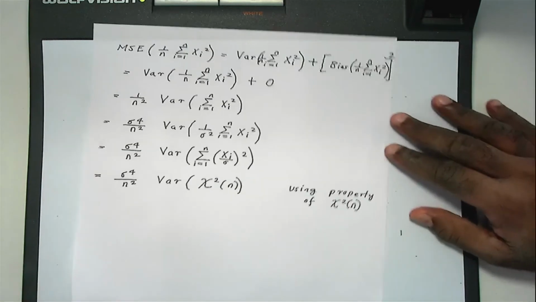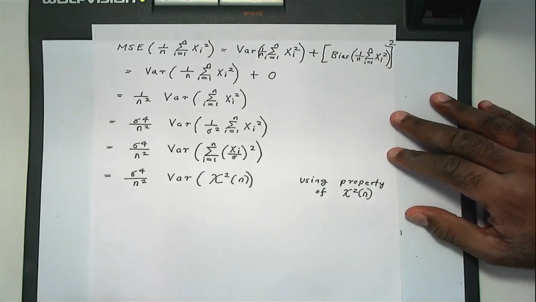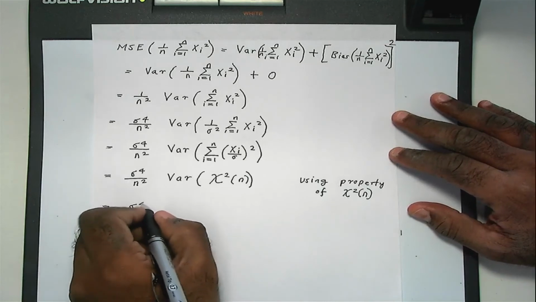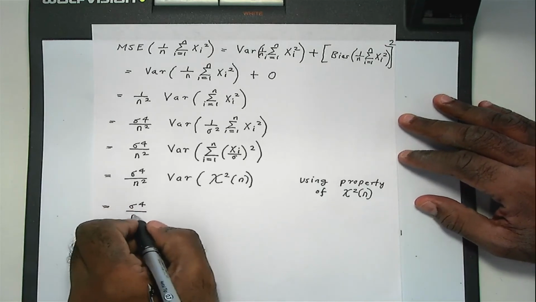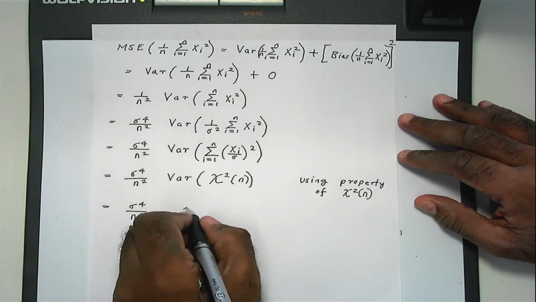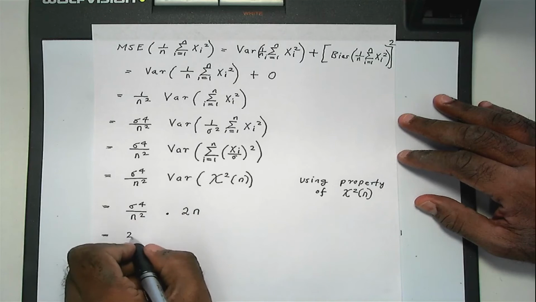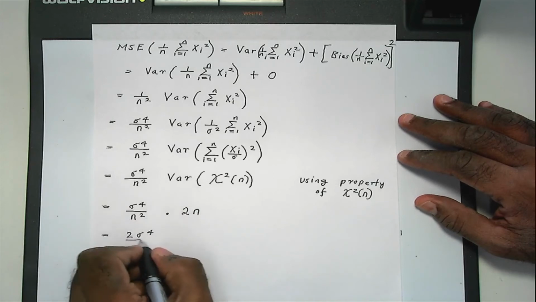Now, I mentioned earlier that the variance of a chi-squared variable is 2 times the degrees of freedom. So this is 2 times n. So this is equal to 2 sigma to the power 4 divided by n.